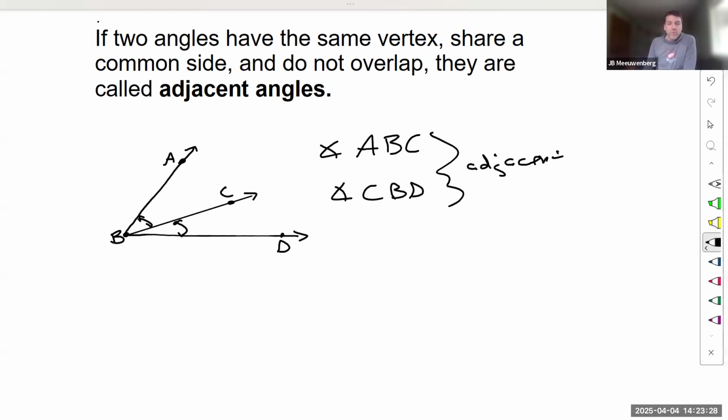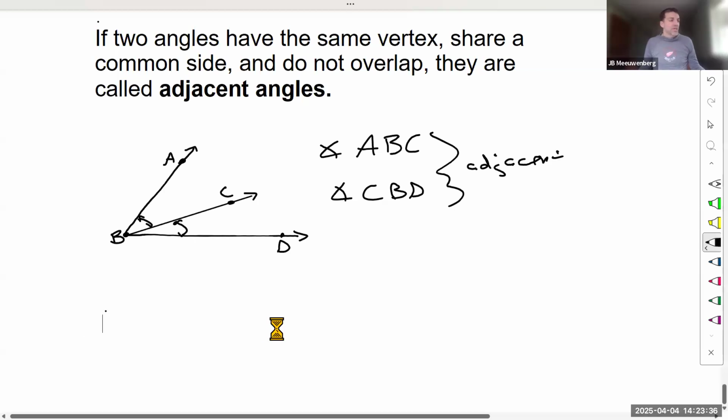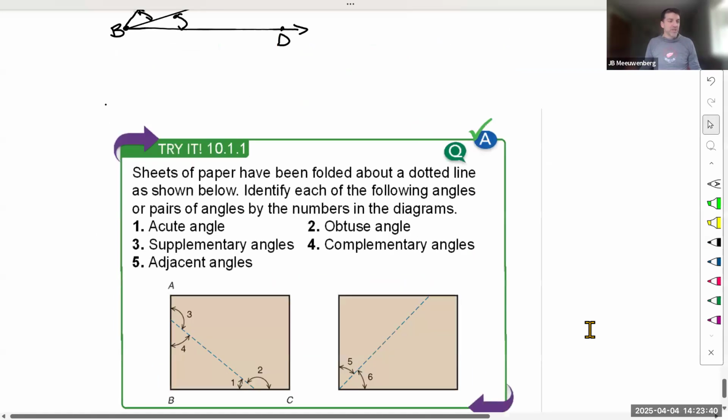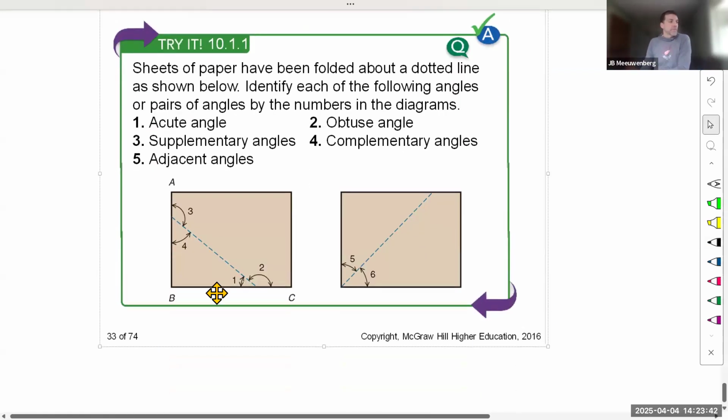What I want to show you here is a little activity for us to examine. If you have paper out that you want to do this with, because sometimes it can be good to have something in your hands, we have two pictures, two different pieces of paper.